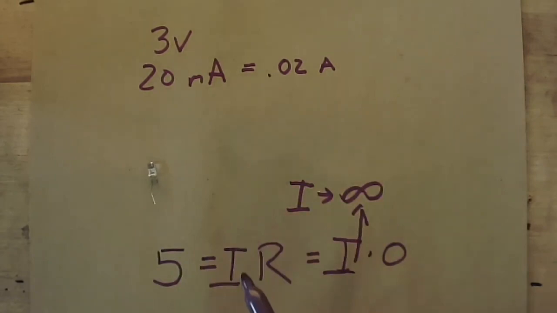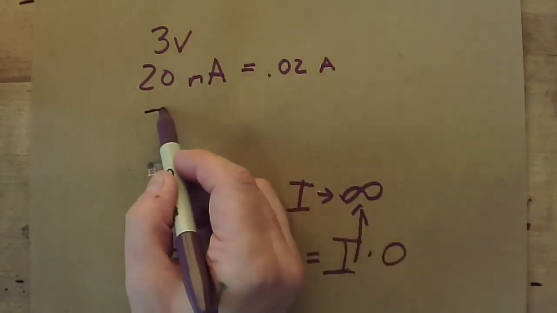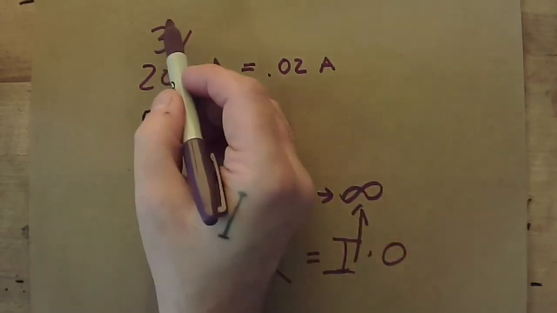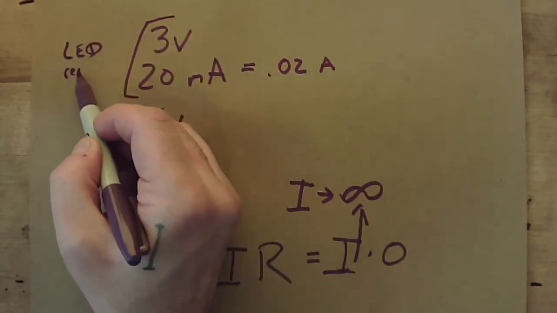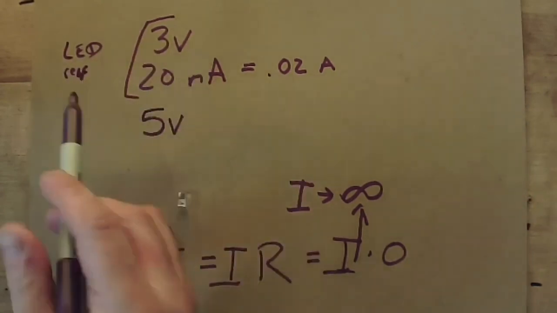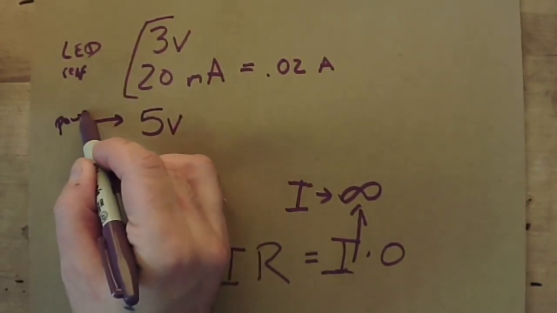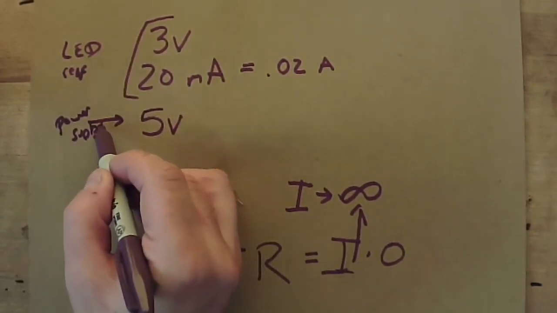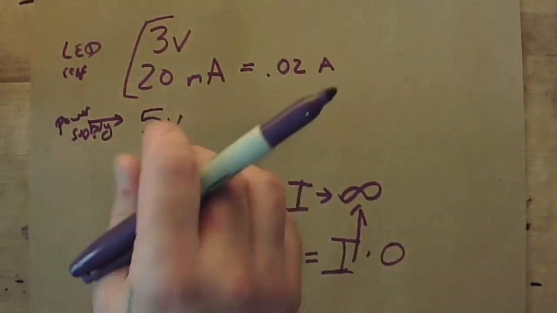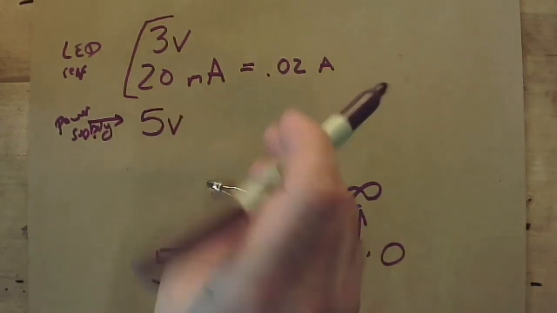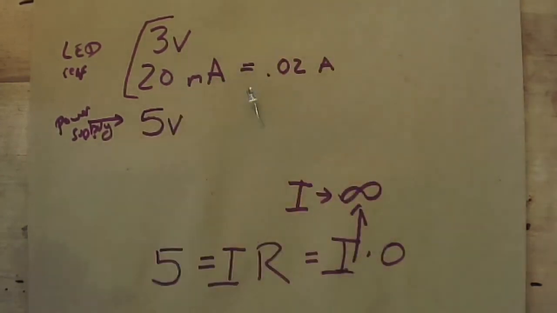If our power supply is 5 volts, so let me just write the LED requirements, and this is our power supply. That means that we need to get a resistor in there that's going to use up some electricity to protect our LED.